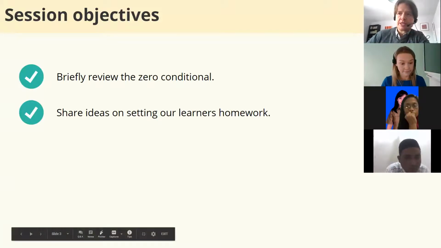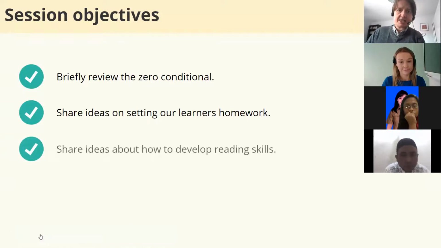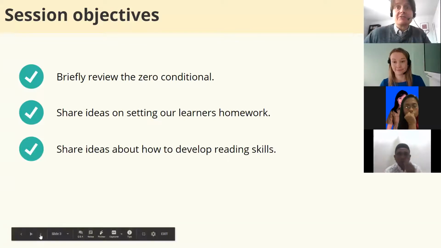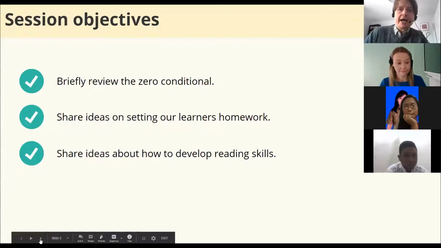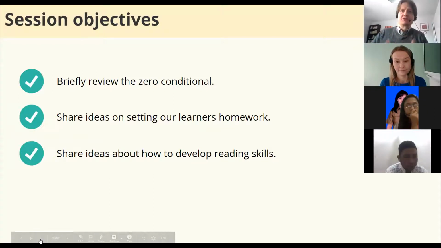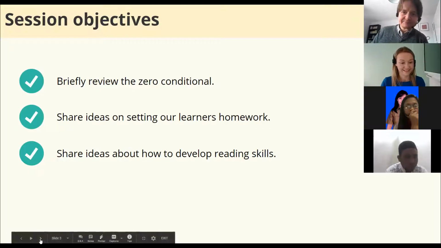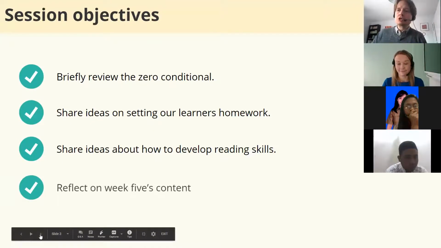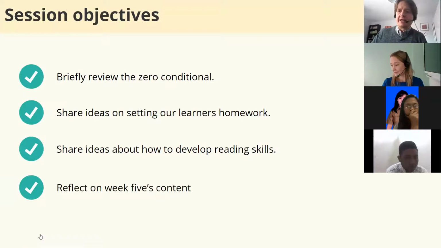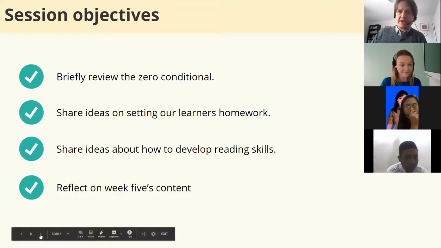Then we'll think about developing reading skills, specifically extensive reading, another section in Unit 5. Teachers tend to like this because it gives learners autonomy and gets them taking responsibility. The final task, as usual, is to reflect on what we've done in this unit and think about taking things further.